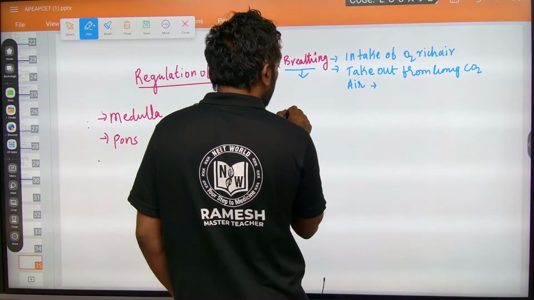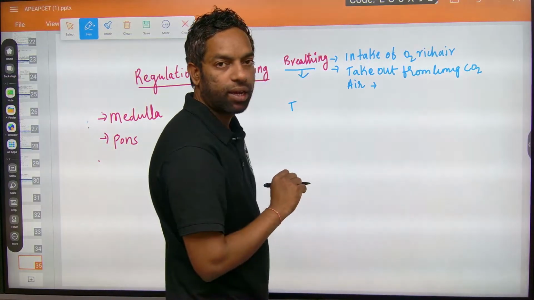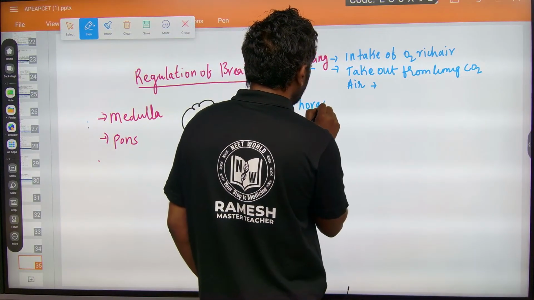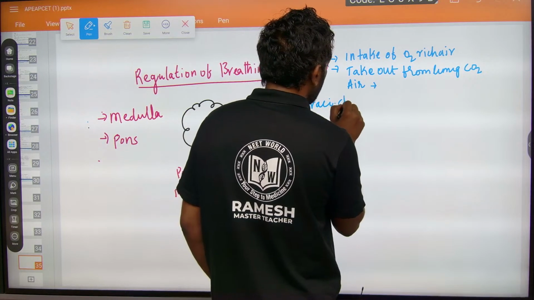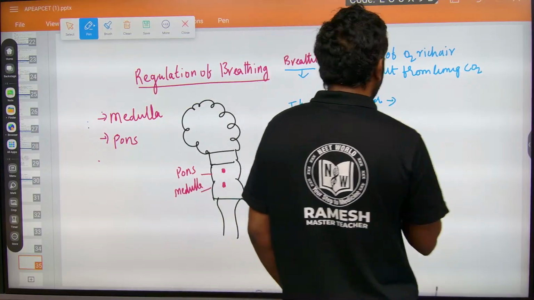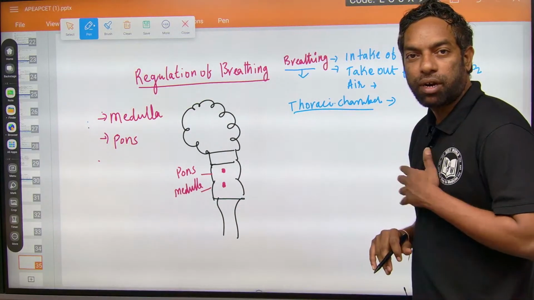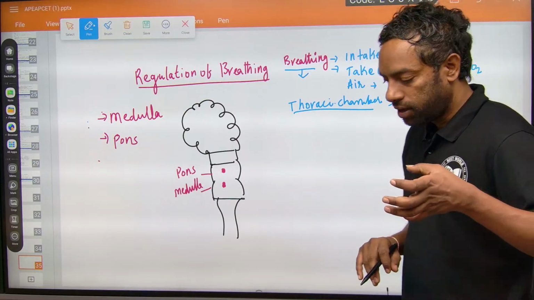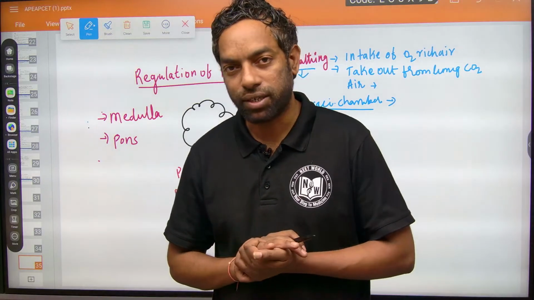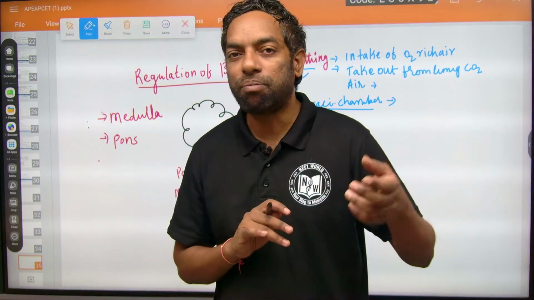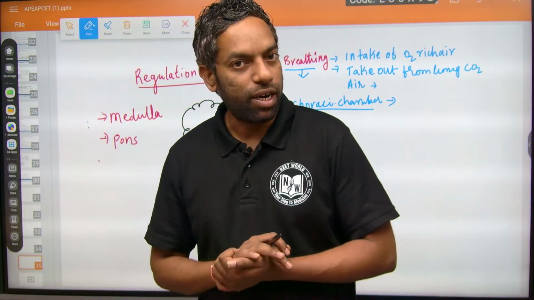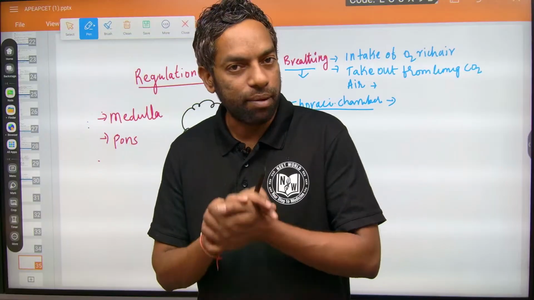There is a thoracic chamber, and it has parts. The lungs are located in the thoracic cavity, which is called the thoracic chamber, and it is supported by ventrally the sternum, dorsally the vertebral column, and laterally the ribs.